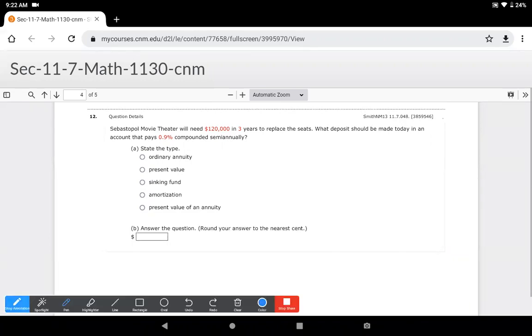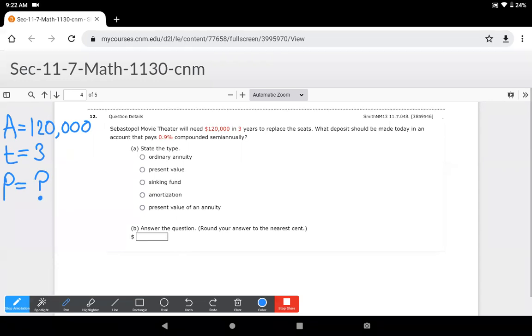So in the future, they will need $120,000 in 3 years to replace the seats. What deposit should be made today? So what should our present amount be in our bank account, right?